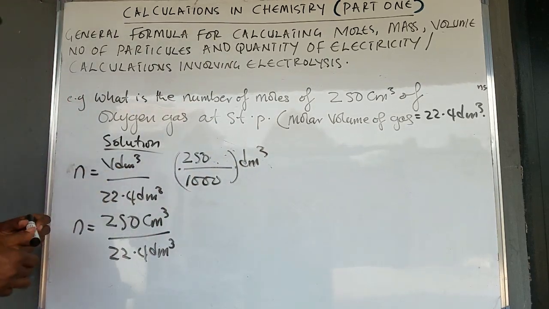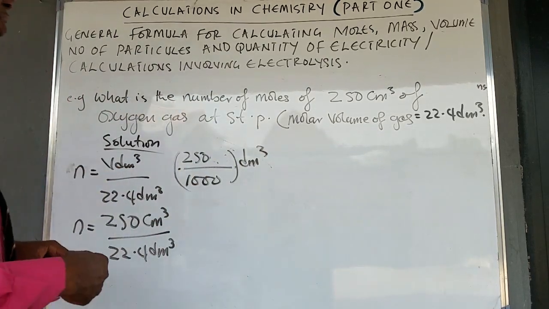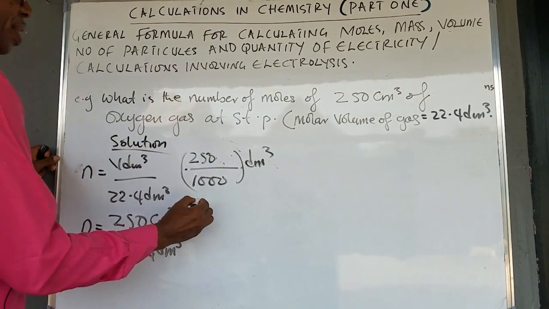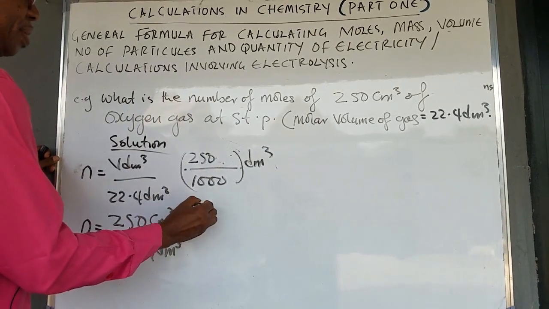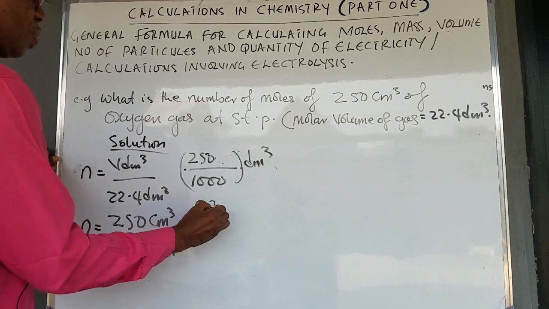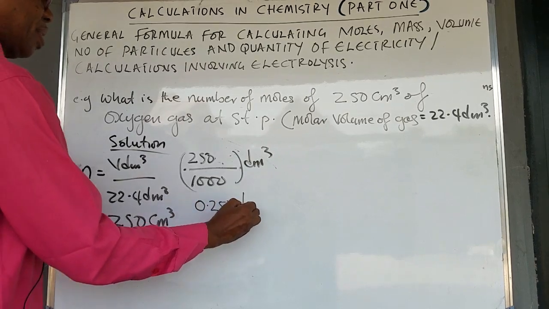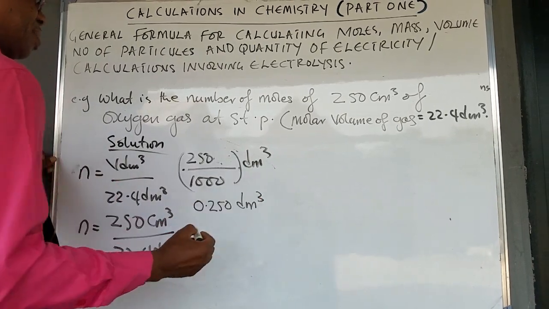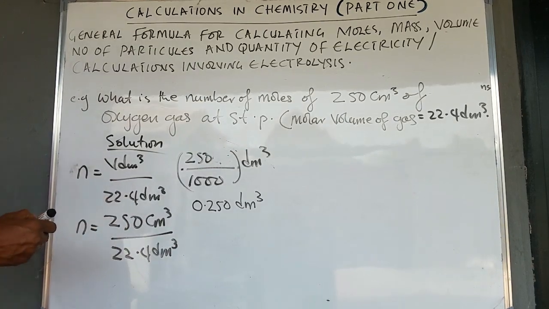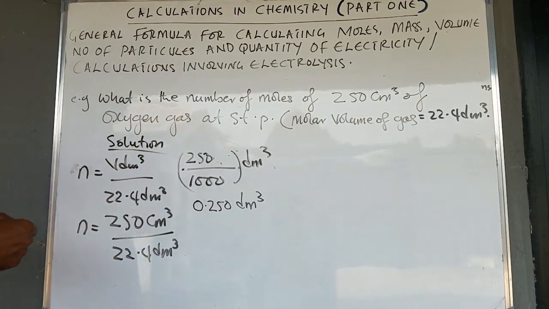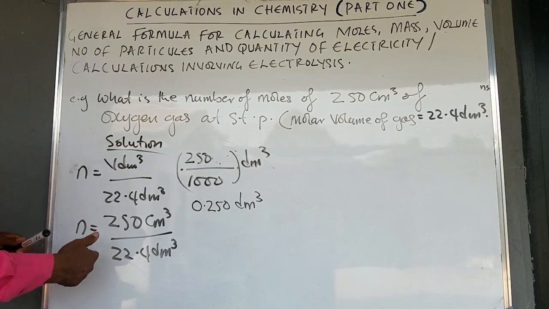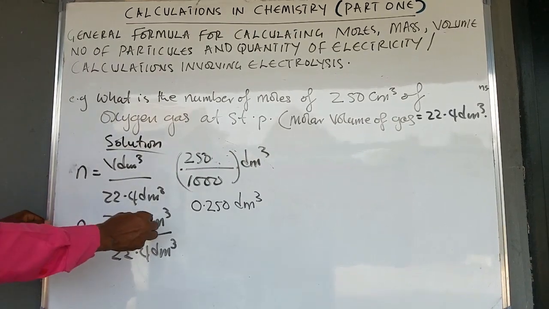And if you divide that, definitely it is going to give you 0.250 dm³. So that means in solving this now, this thing will change.